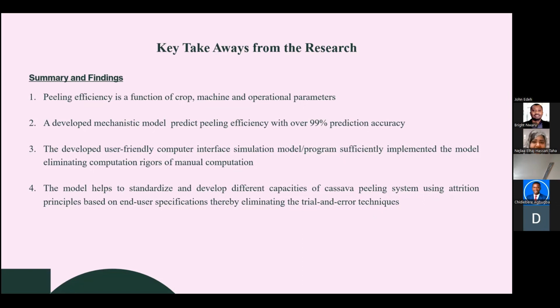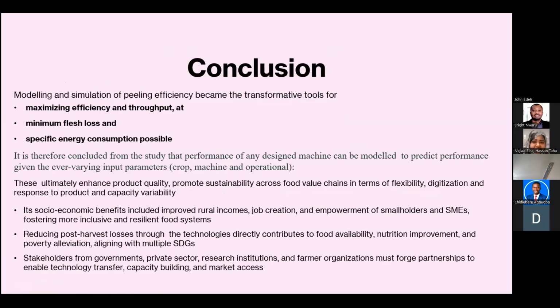And then the developed user-friendly computer interface simulation model implemented the model, eliminating the computational rigors of manual computation, which becomes trial and error. Then the model helps to standardize and develop different capacities of cassava peeling system using the attrition principle based on end user specification, thereby eliminating trial and error techniques.